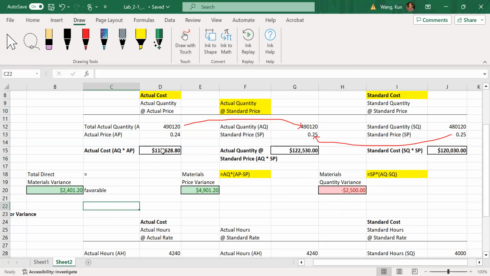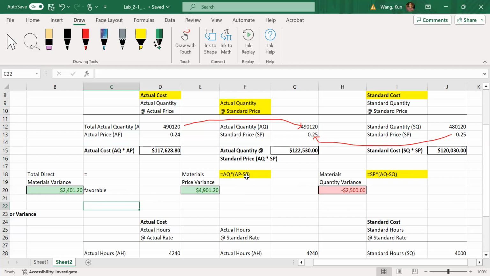So first, let's compare the left item and the middle one. The left one is actual total cost. Then I summarize what we are calculating here is the price variance. So how much of this total variance is attributable to the price variance? I put a formula.